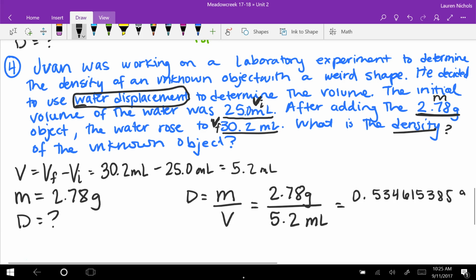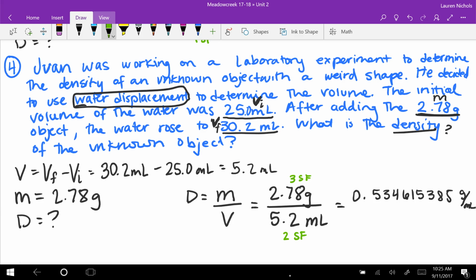We get 0.534615385 grams per milliliter. And you say, Miss Nichols, I know you don't want me to write down all of those. And the answer to that is you're right. I want you to use your rounding rules based on significant figures. When I'm multiplying and dividing, it's the lowest number of significant figures. So our numerator has 3 significant figures. Our denominator has 2 significant figures. So my answer should only have 2.